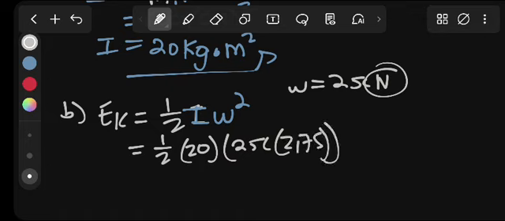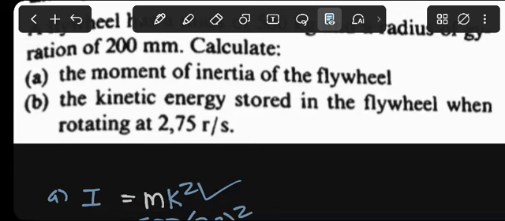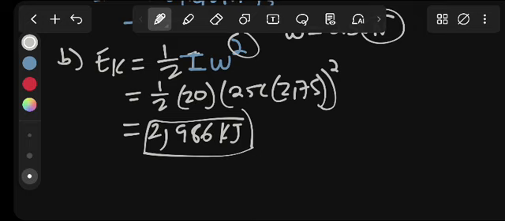Remember all of this is supposed to be squared, since we have the square there. Our speed is 2.75, because it is given in revs per second. When we punch that in, this will be equal to 2.986 kilojoules. So this is what we have there.